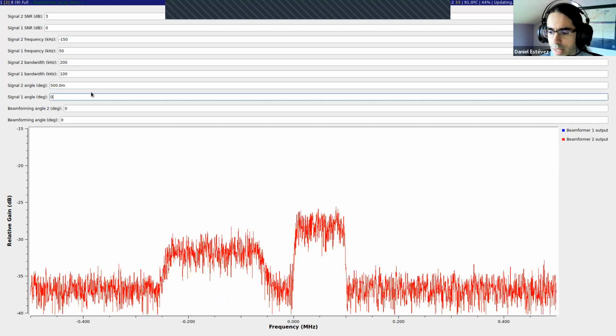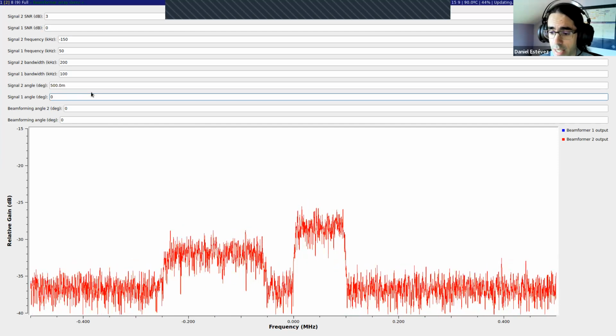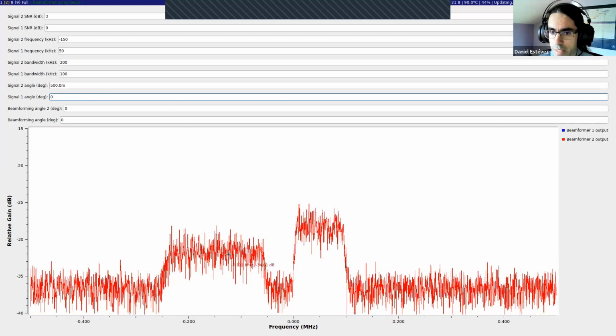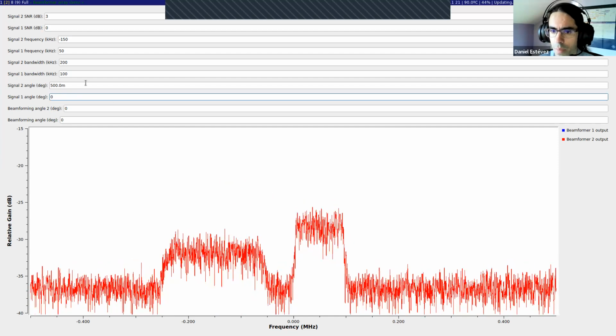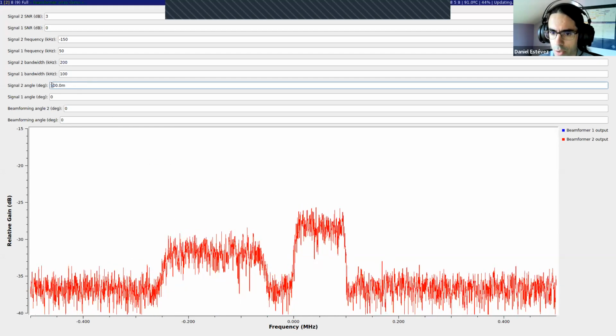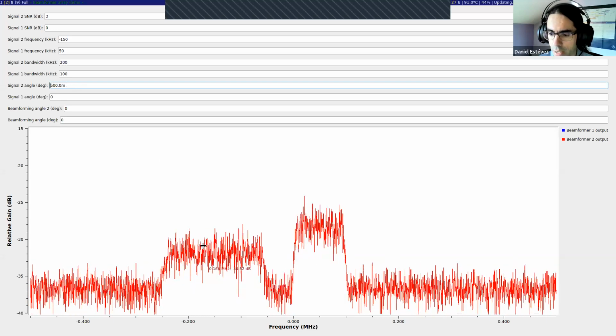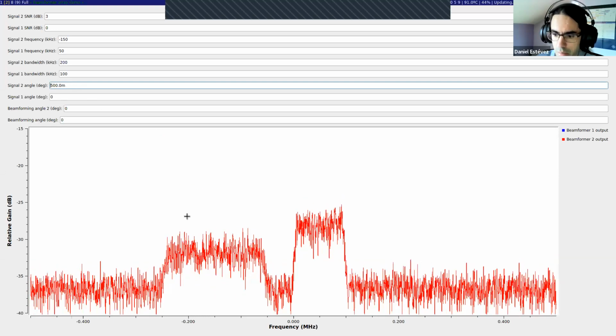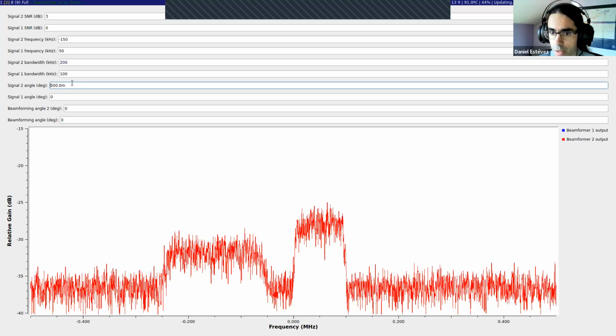With 6 antennas, we get rather strong side lobes. So that's the reason that even at 0.5 degrees, the signal comes back up at some strength.